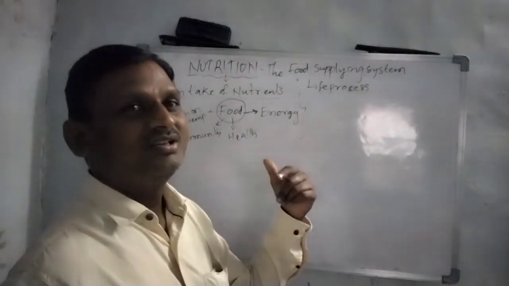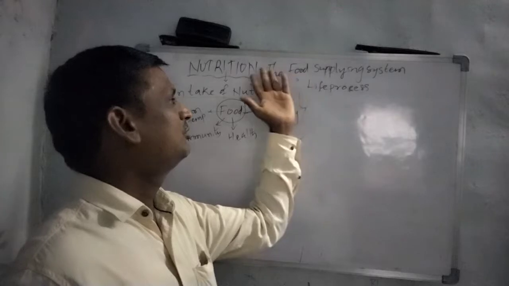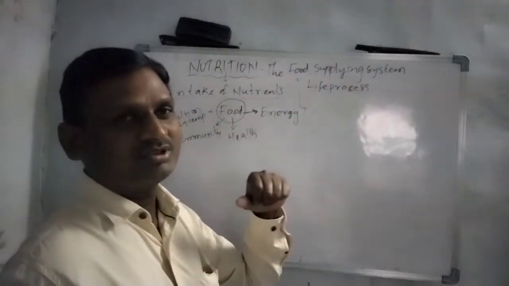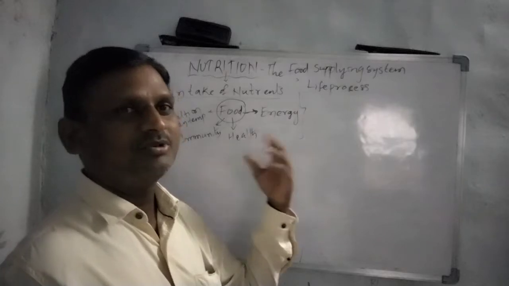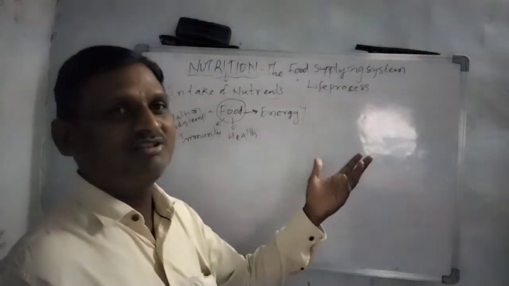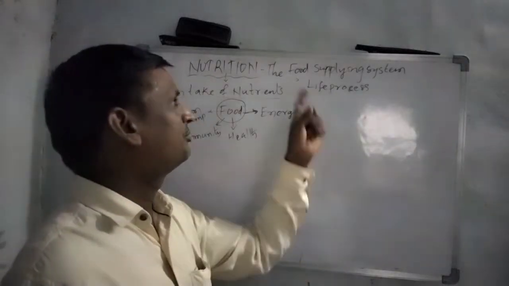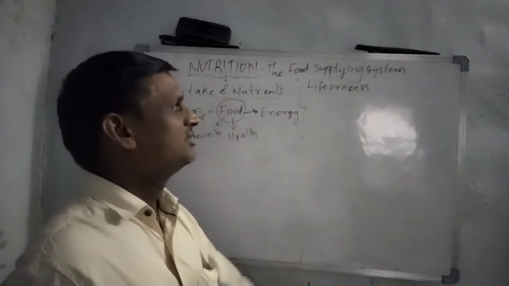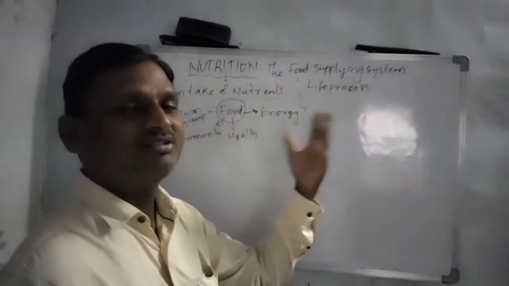Perpetuation means the increasing of our generation. Nutrition is one of the life processes, whereas respiration is a life process, transportation is a life process, excretion is a life process, coordination, reproduction, these are all different types of life processes. So nutrition is also a life process which helps us to survive and perpetuates our race.